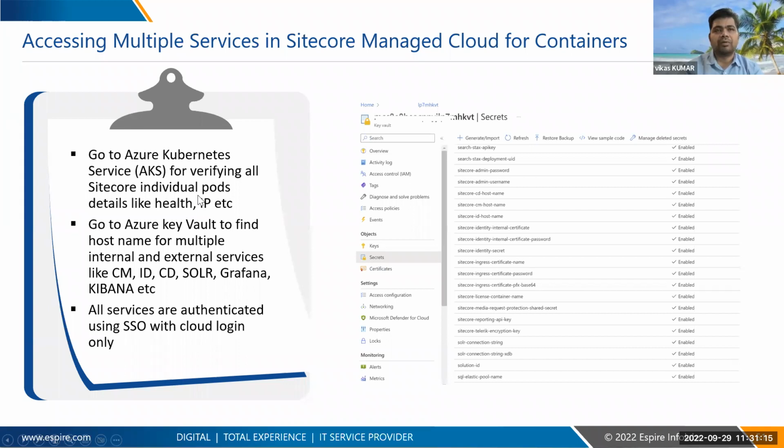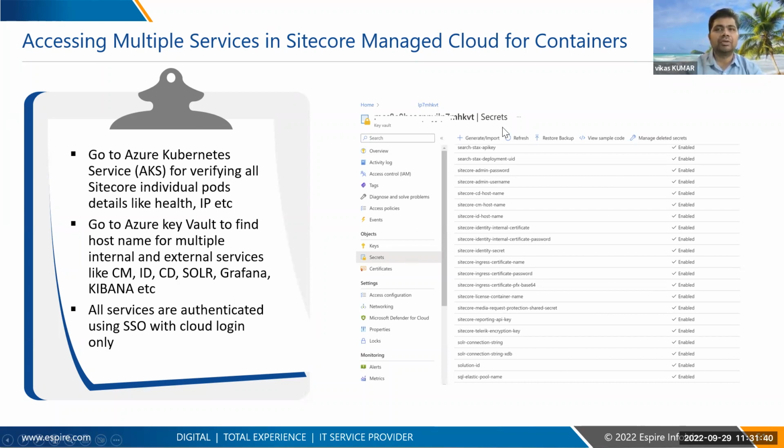There are other things like, okay, this is containers, how will I check, let's say, the host names associated with it. I think the best way we find, either you can ask Sitecore or anything, or better, because anything related to security or the URLs or the certificates or the passwords is all managed within the Azure Key Vault.